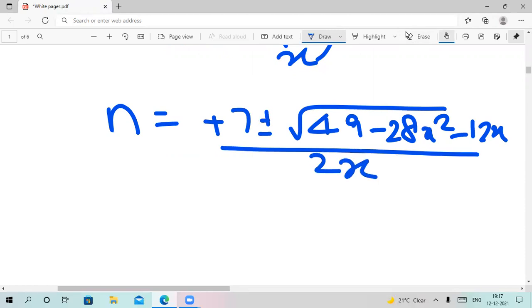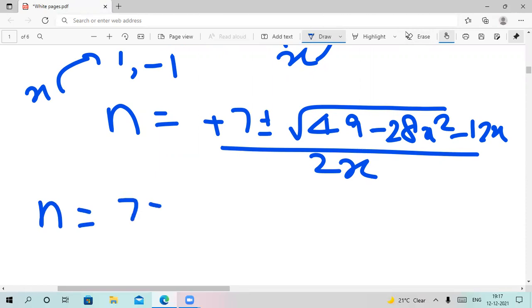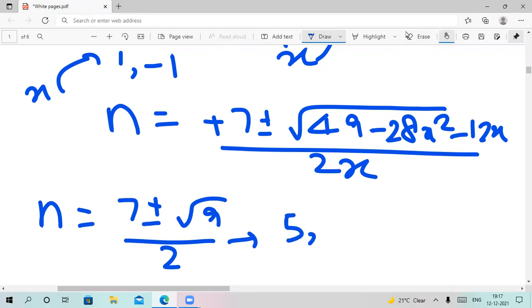Okay, so x having values 1 and -1 will satisfy here. So when I put 1, the values I get are 49, -28, -12. Okay, 49 minus 28 is 21, minus 12 is 9. So here you will get values like 7 plus 3, 10 by 2, 5, and 4 by 2, 2.